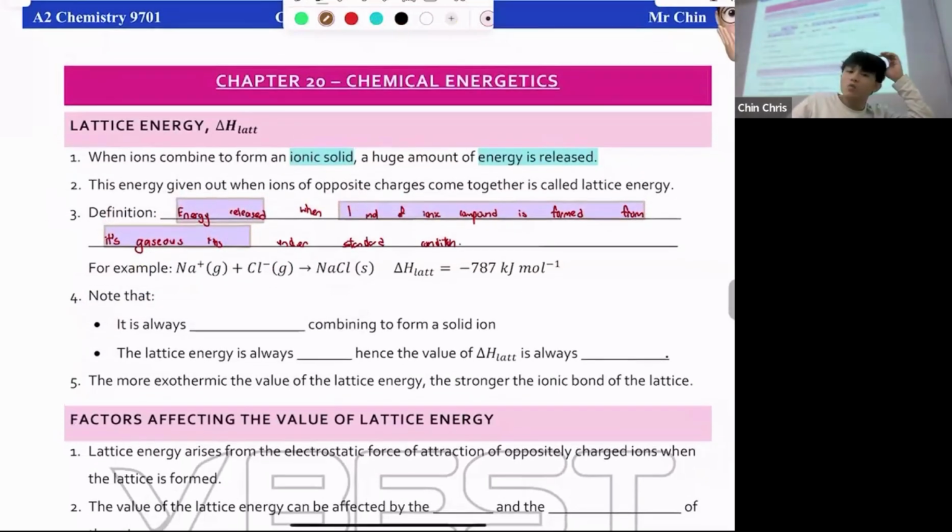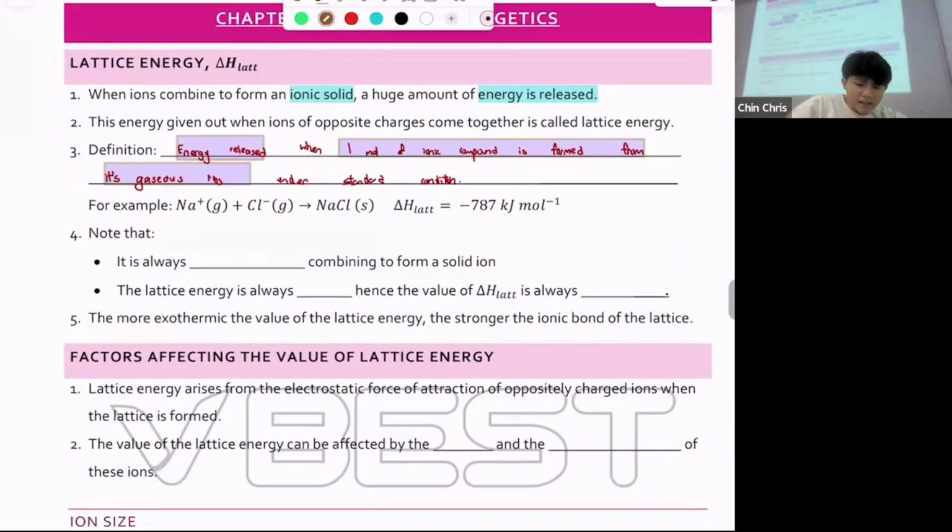Okay, so energy released, 1 mole of ionic compound is formed from its gaseous ions. Please remember that. Next, it is always exothermic, combining your ions.